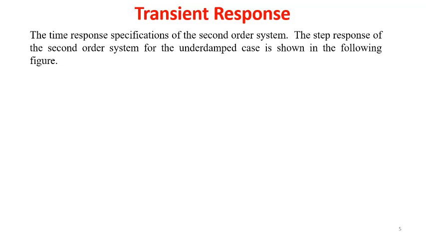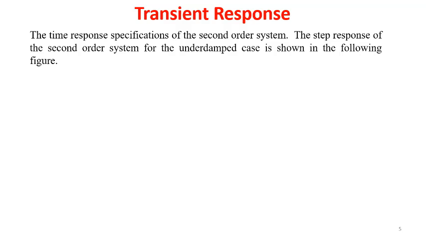The time response requirements are the behavior of the controlled variable or the control error on well-defined test signals. Hence, in the time response specification we are going to talk about the specification of a second order system.